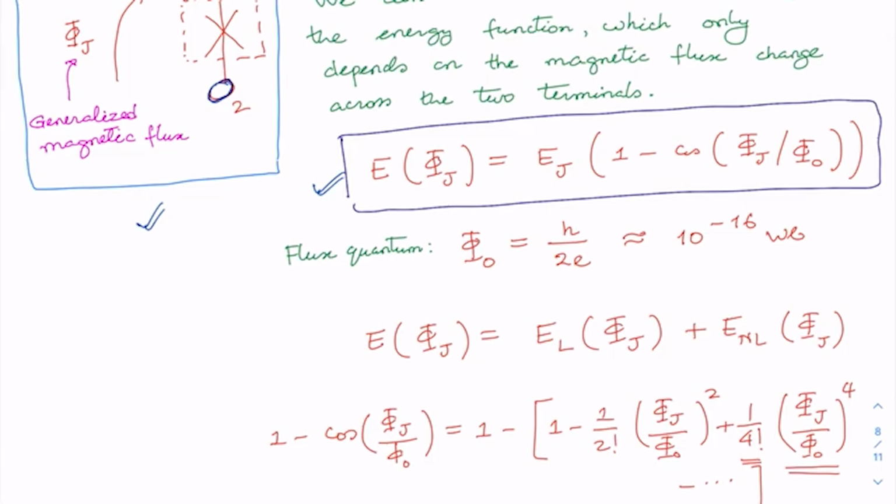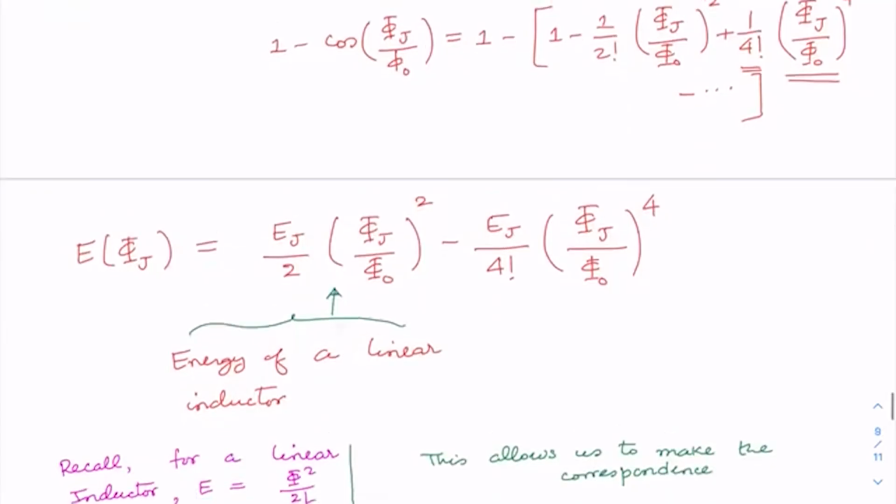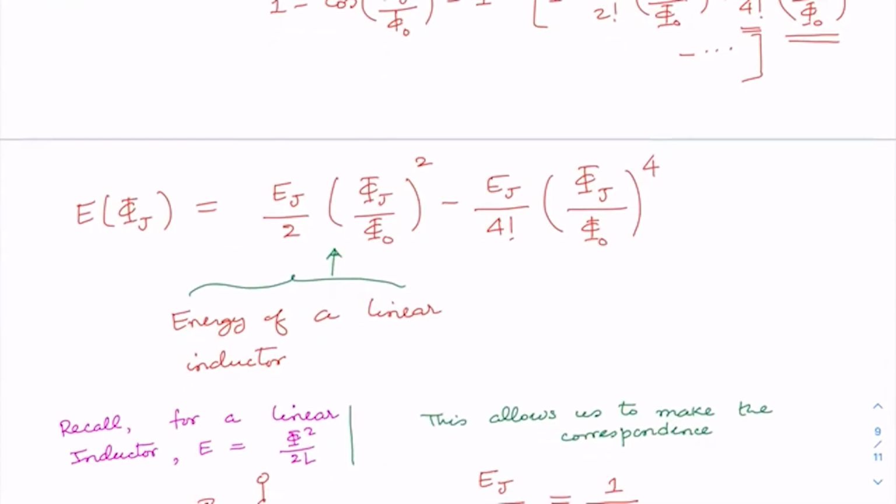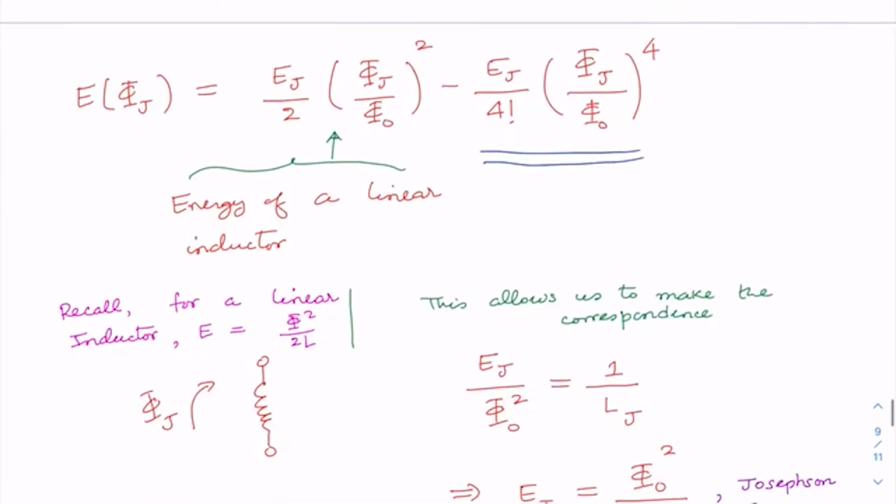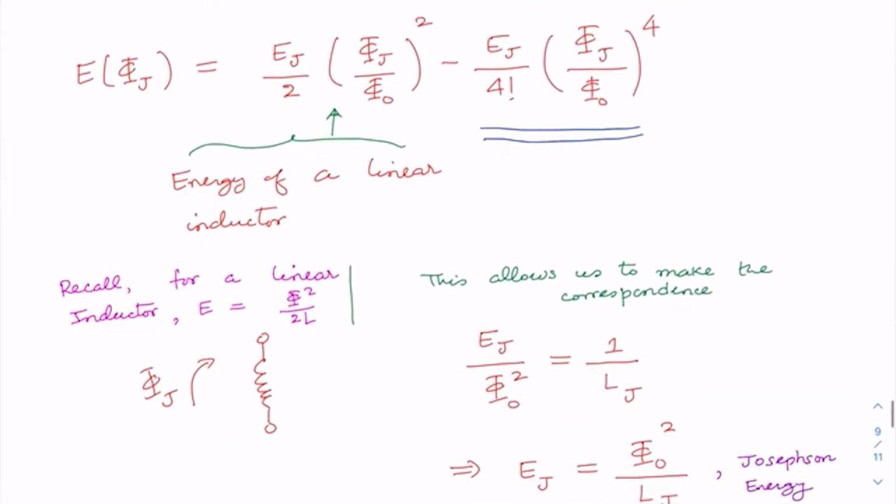And when we expand this cosine function, it can be shown that the energy function of this Josephson element can be written in two parts. One is the linear part and one is the nonlinear part. And it turns out that the linear part basically refers to the energy of a linear inductor, and this refers to the nonlinear part, which is extremely important.